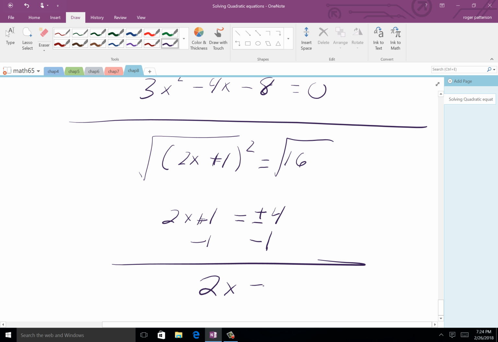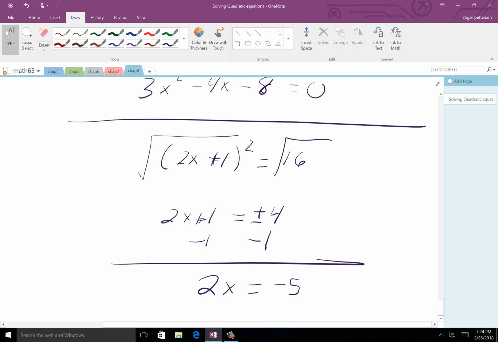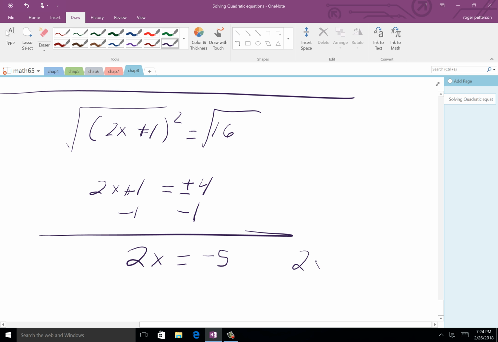2x equals, now I'm going to get a negative 5, or 2x equals 3. Do you see how both those answers are coming out? So this is a plus or minus 4. Minus 4 minus 1 gives us a negative 5. Plus 4 minus 1 gives us a 3.